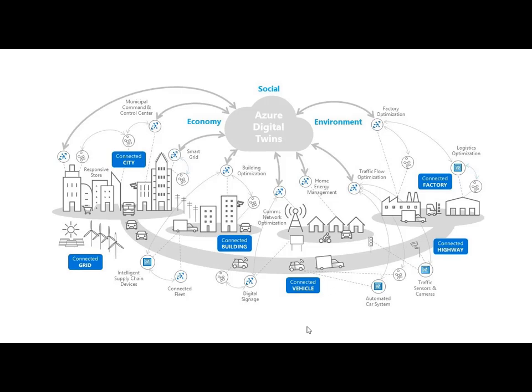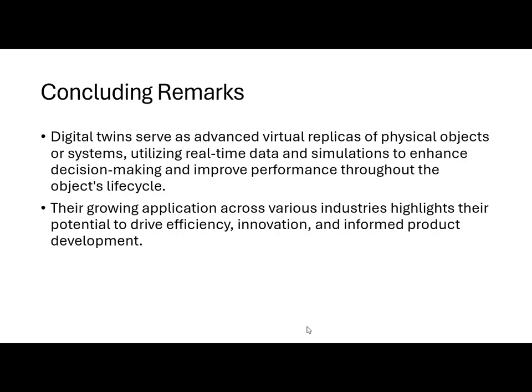It's about factory optimization, logistics optimization, and traffic sensors and cameras, automated car systems, and how they are connected to digital twins.